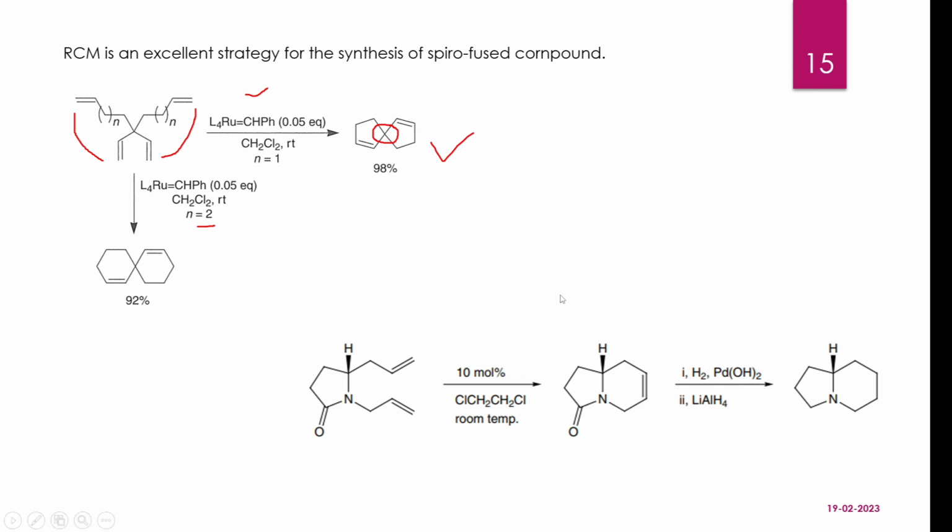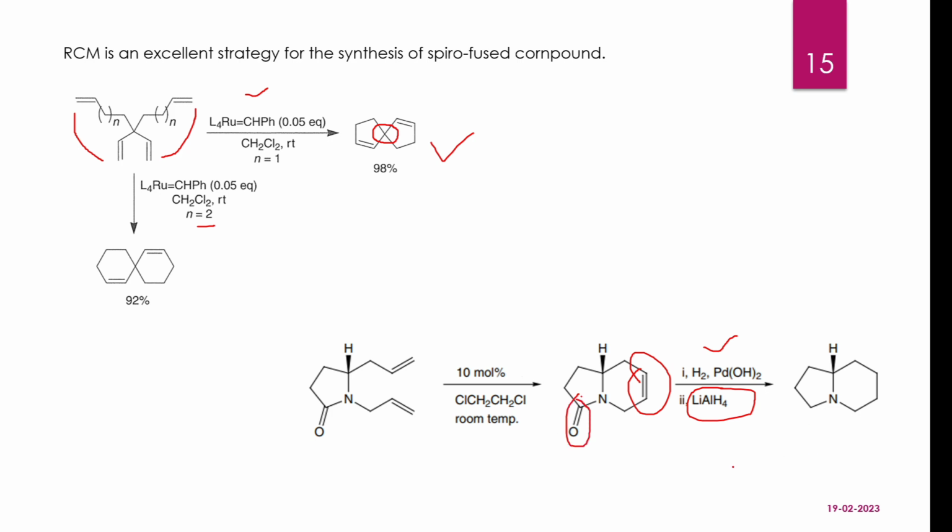Next is this one. Again, by using 10 mole % of this Grubbs catalyst, these two alkenes will cyclize, giving us this compound. Everyone knows about this reagent almost. This is a hydrogenation reagent. By this hydrogenation reaction, this double bond will get reduced, and when we add LiAlH4, this amide will be transformed into the CH2 amine.